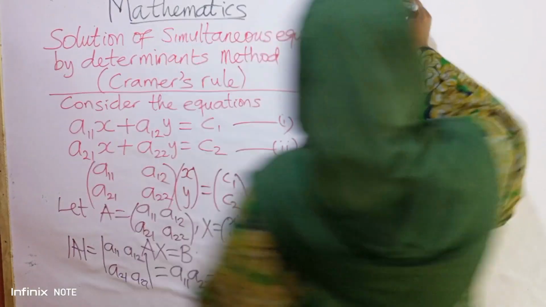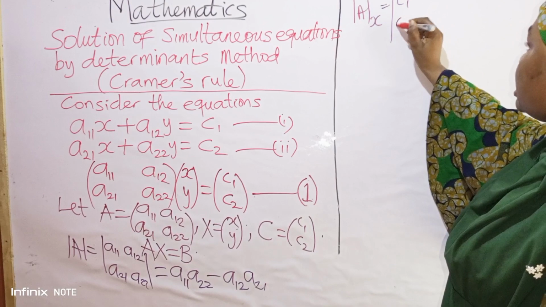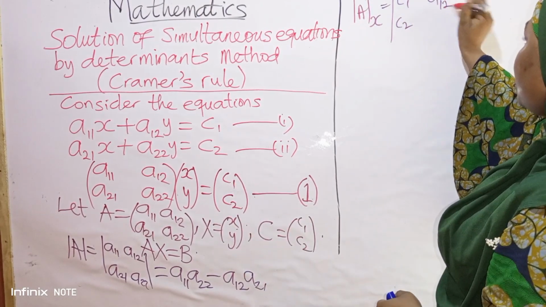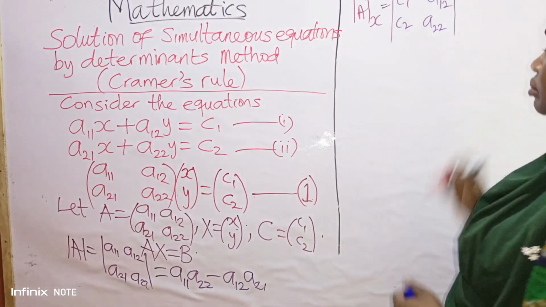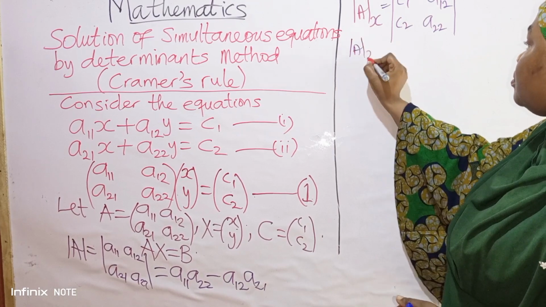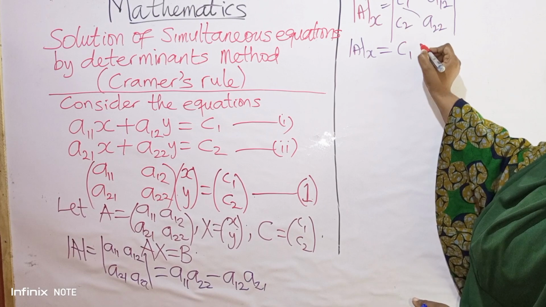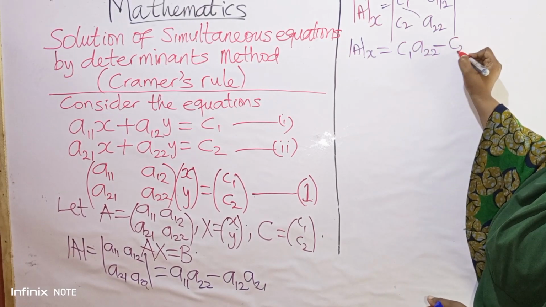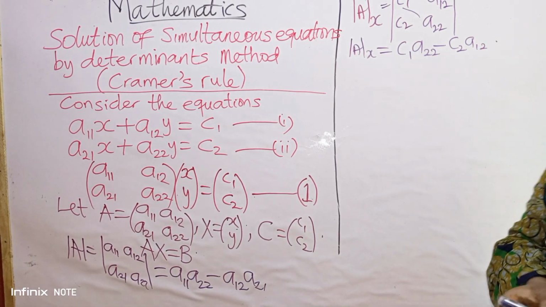So this becomes c1, c2. The a12 remains and a22 remains as well. Now find the determinant, which is equal to c1 a22 minus c2 a12. So you keep that one.